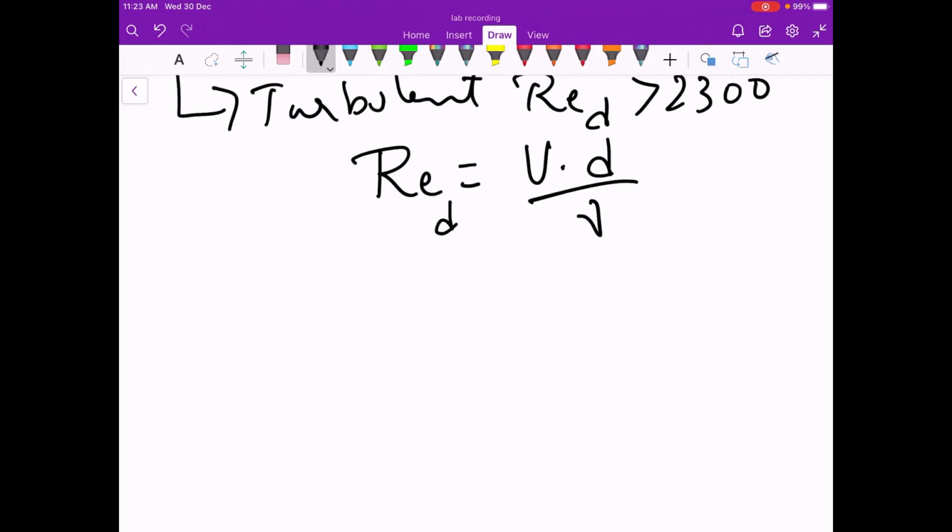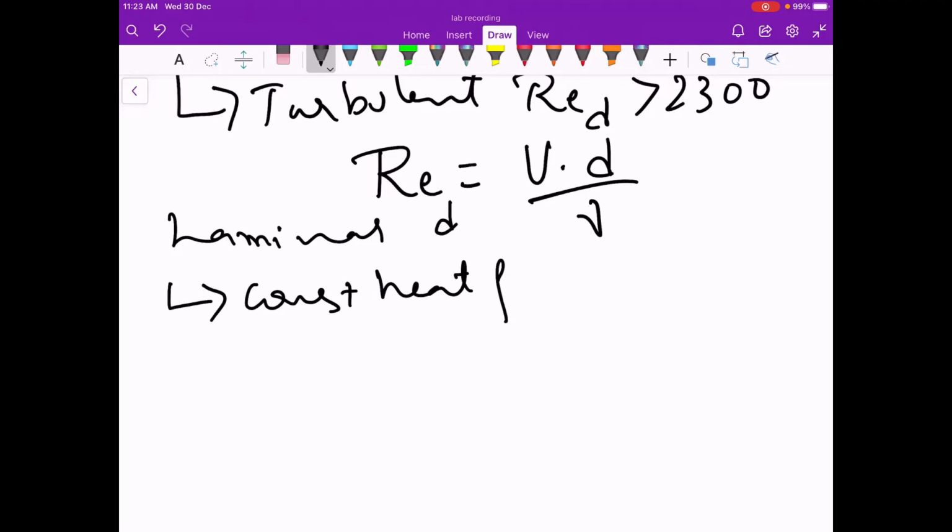Now why I gave you this is that your calculation of the Nusselt number also depends on the type of boundary condition you are giving, whether it is a constant heat flux boundary condition or a constant temperature boundary condition. First let us consider that the flow is laminar with a constant heat flux boundary condition.